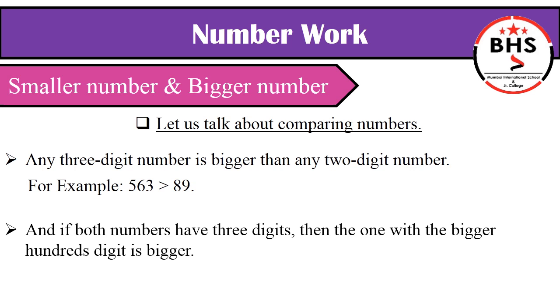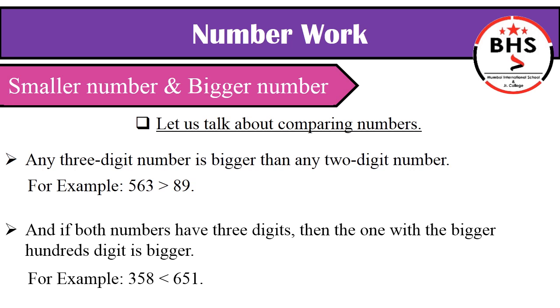And if both numbers have 3 digits, then the one with bigger hundreds digit is bigger. For example, here 358 and 651 both are 3-digit numbers. So, to find which number is a bigger number and which number is a smaller number, we will compare the digits which are at the hundreds place in both the numbers.